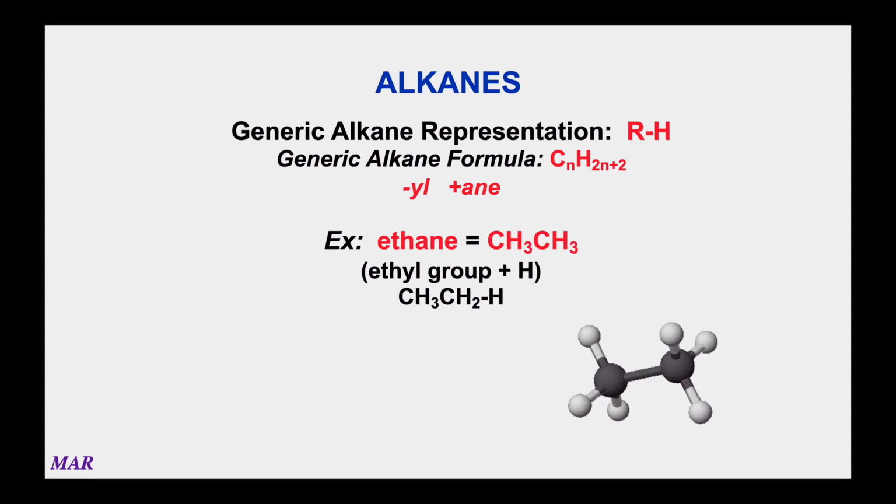You could use ethyl. So ethyl minus YL plus ANE would be ethane, and an ethyl group plus a hydrogen would be the formula for ethane. So n carbons here is 2 because there's 2 carbons. 2 times 2 plus 2 is 6. C2H6 is the formula, and this is ethane.